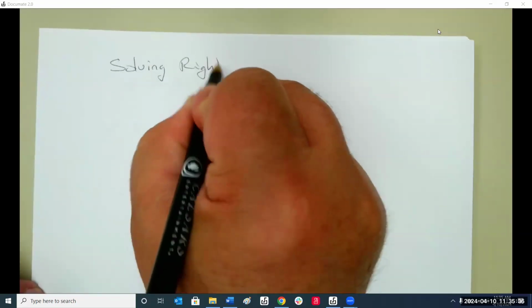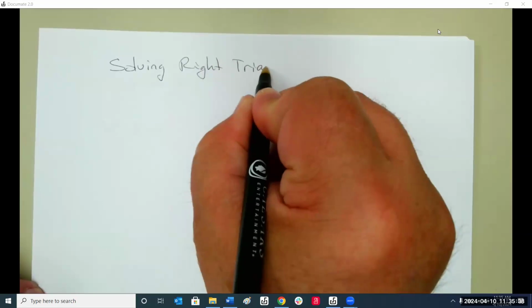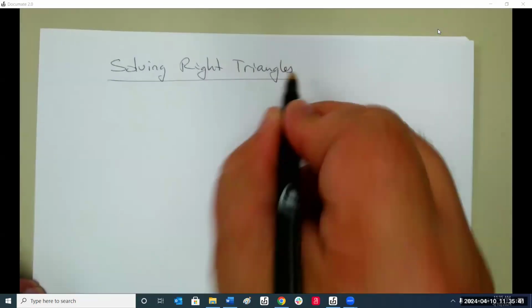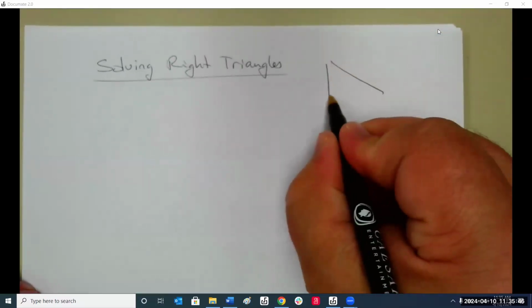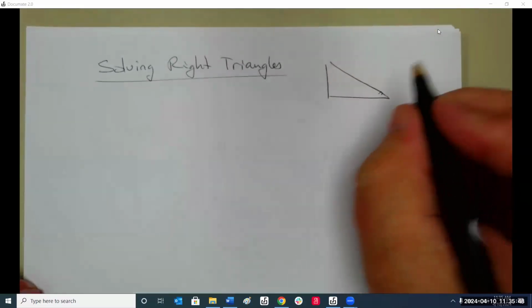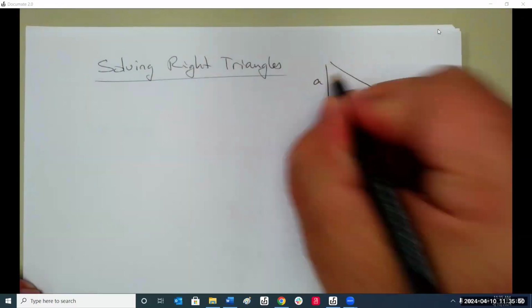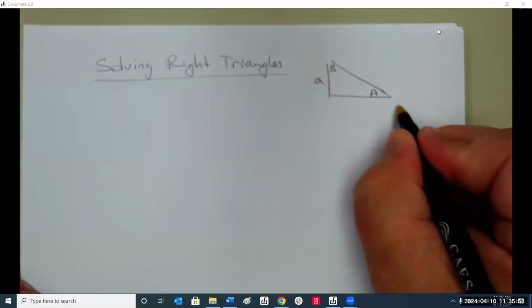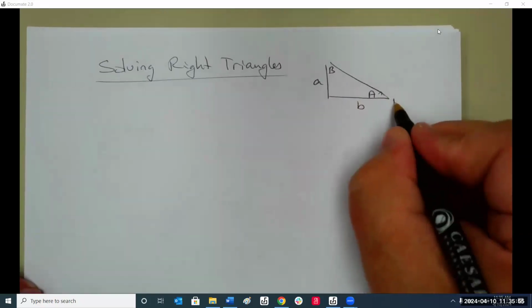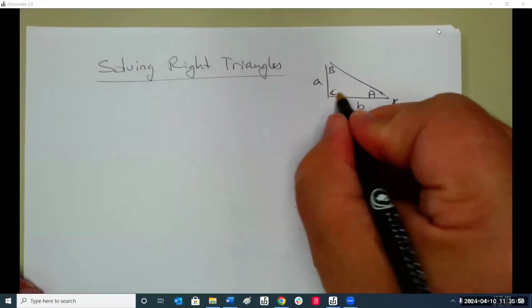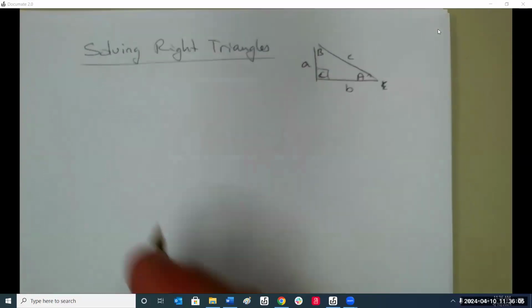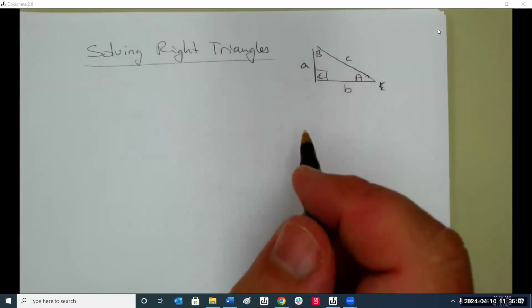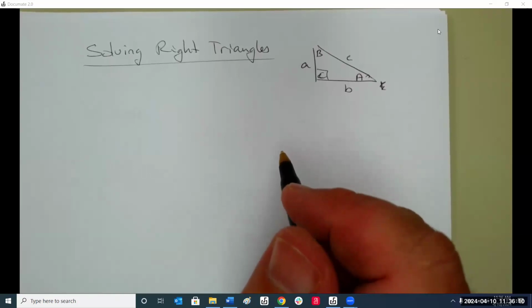Solving right triangles. So we have A, side A, B, side B, C, side C. So what formulas do we have so far we talked about today?